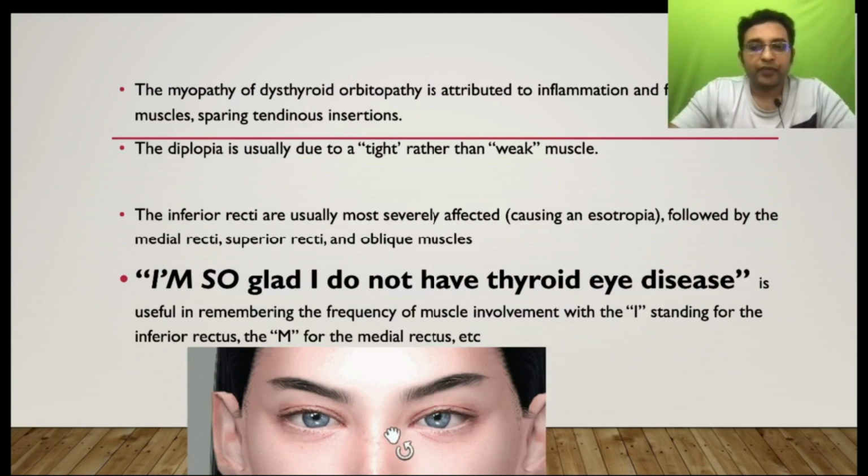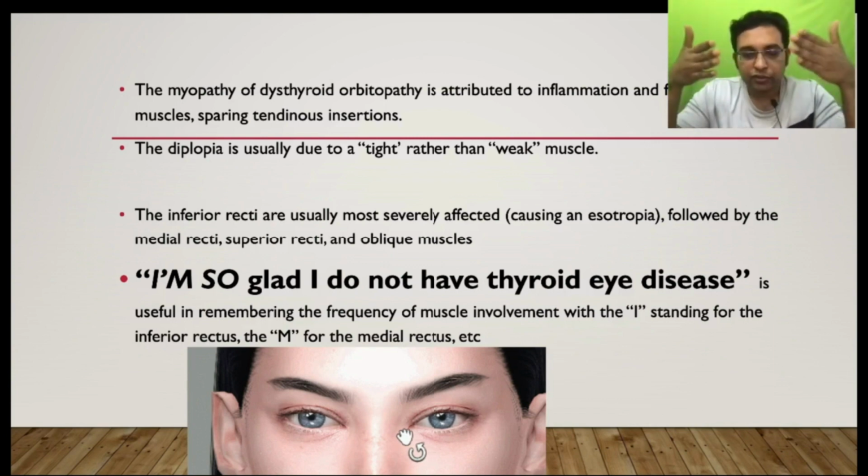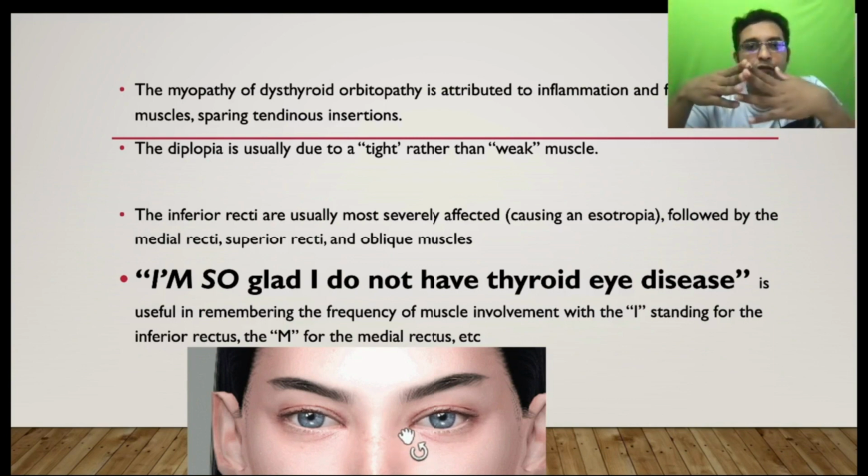Of eye movement involvement. Thyroid myopathy, or thyroid orbitopathy, is attributed to the inflammation and fibrosis of muscle, and the diplopia is due to a tight rather than a weak muscle. The inferior rectus is the usually affected muscle, and the patient will be having esotropia, the eyes going medially, followed by the medial rectus, superior rectus, and then the oblique muscles.